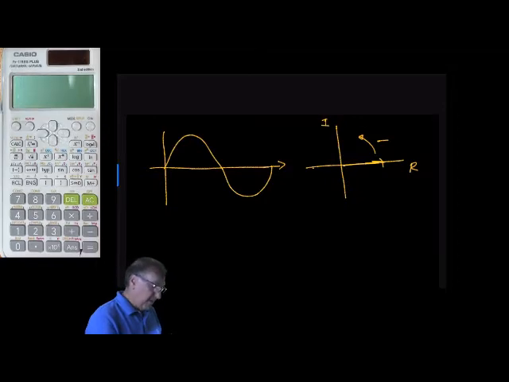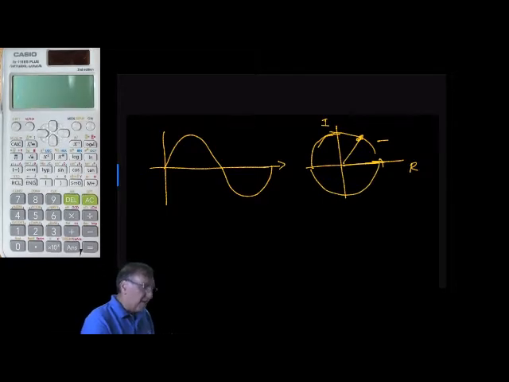In this case, if you look at how this maps, we start at 0, it goes to 90, as the phasor goes around the unit circle. It goes to 0 again, and then to 270 degrees, and then back to the origin. So remember, the sine wave maps into the phasor diagram as a unit circle.